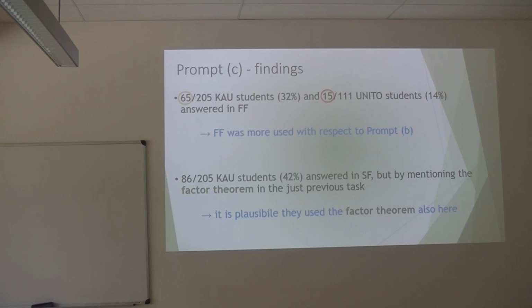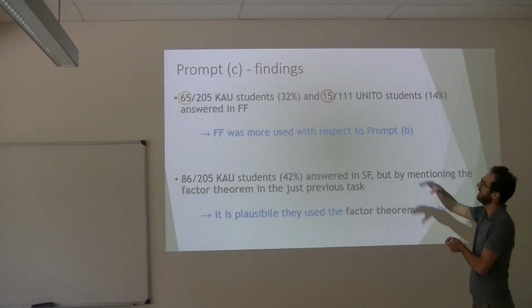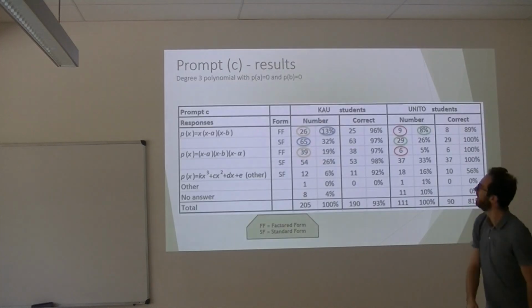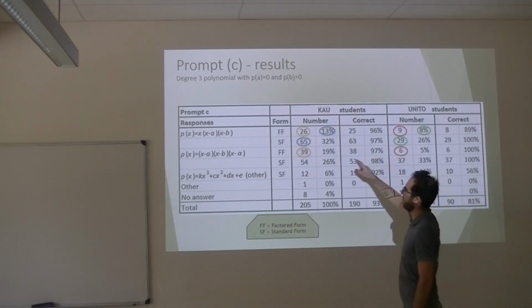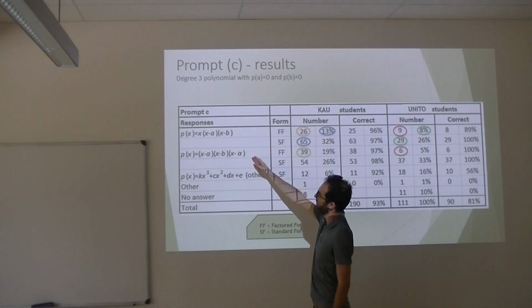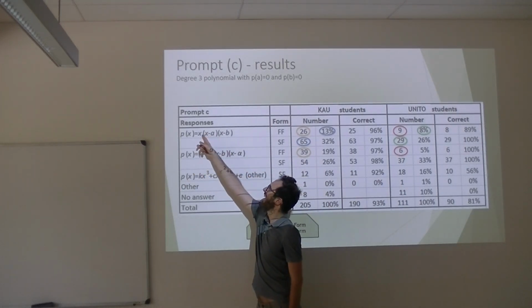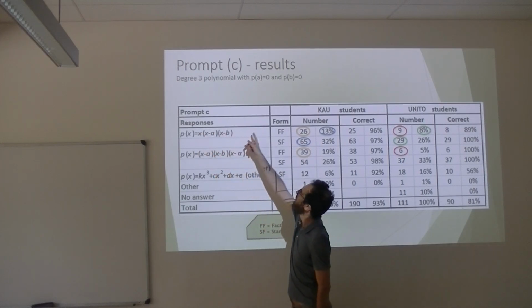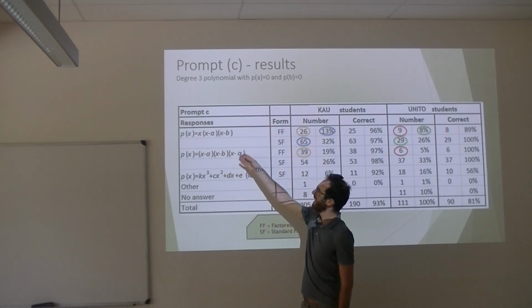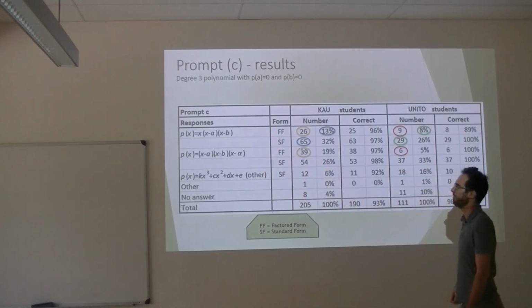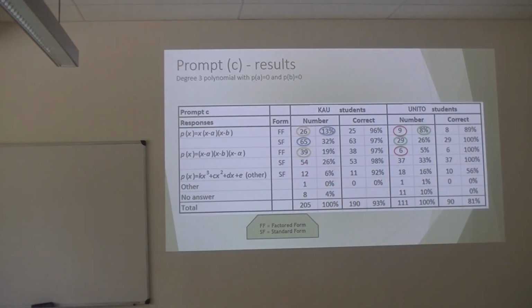Again, as we have seen before, some students use the factor theorem, for example 65 and 15 from UNITO, writing the polynomial in factor form like this one. They add x, the easiest way of reaching degree 3 with the two roots, or add another general root, which is a quite standard way of generating examples.